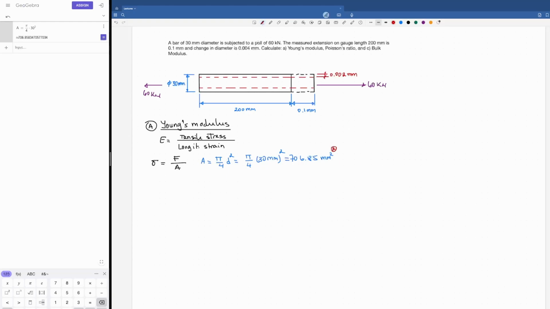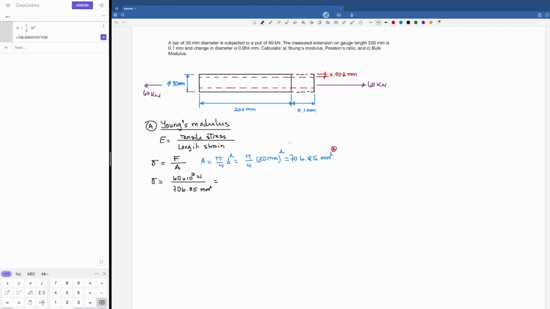Then the tensile stress is as simple as substituting this value in this formula here. So the tensile stress is going to be the force applied on the specimen, which is 60 kilonewtons, which I'm putting as 60,000 newtons to use the proper units, divided by 706.85 square millimeters.